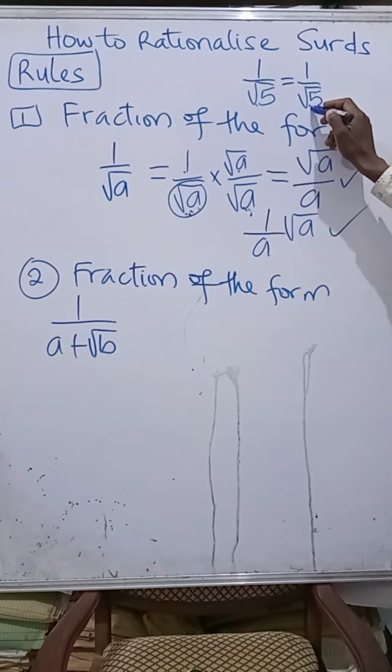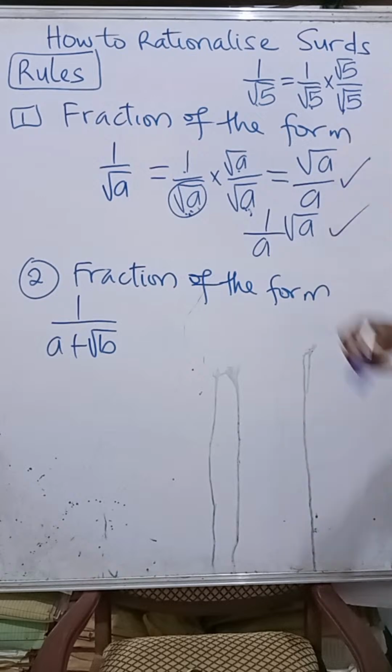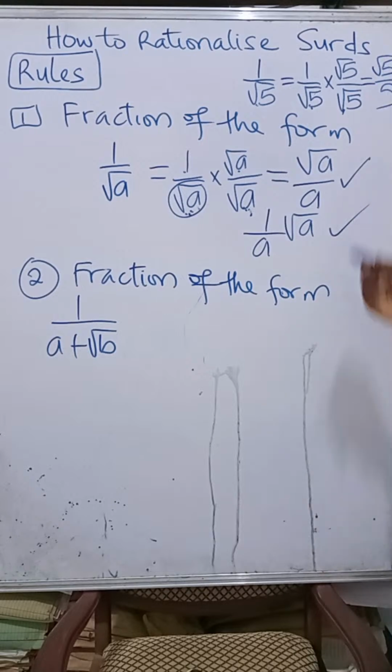We want to use the denominator to multiply the numerator, and at the same time use it also to multiply the denominator. So by so doing, the irrational will turn to a rational number, and that will give us root 5 over 5. So that's that on the first segment.